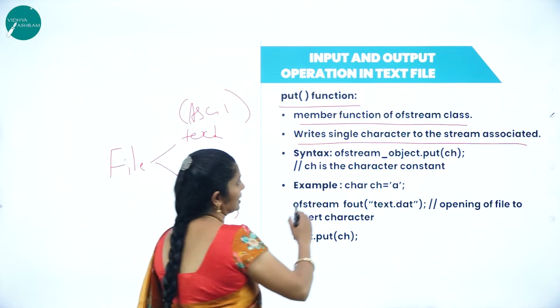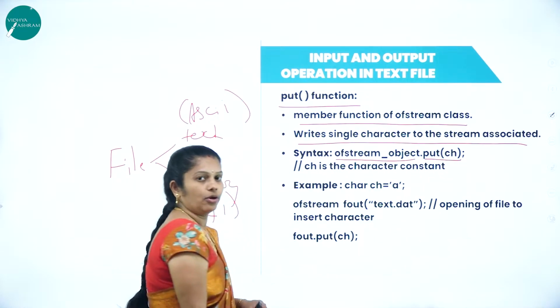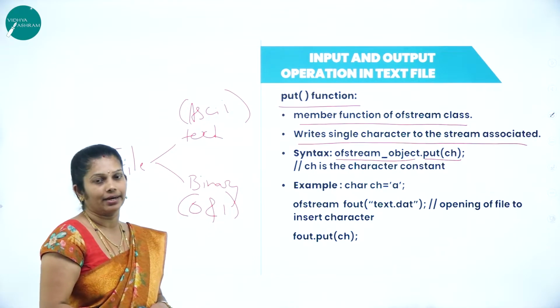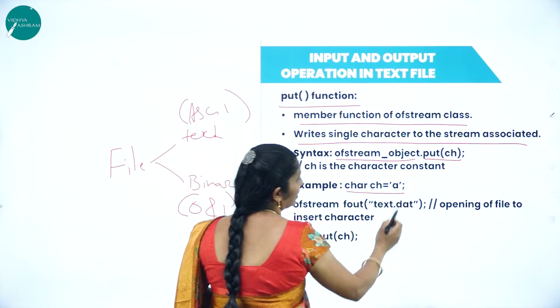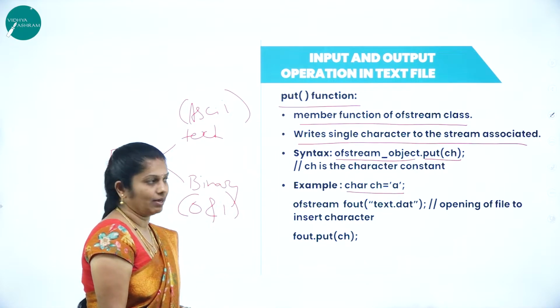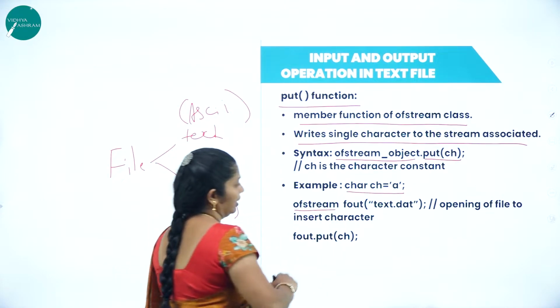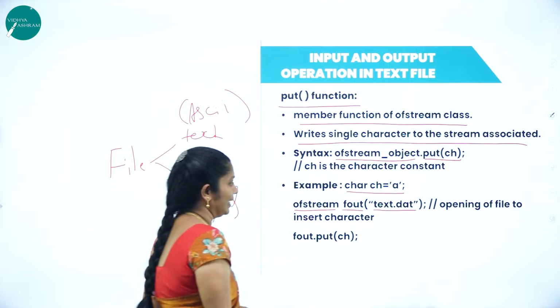While writing the syntax, first you have to write the ofstream object dot put. Inside the bracket I have to write ch, where ch is a character constant. If you observe the example, char ch equals 'a', that means a is the character, and ofstream fout with text.dat is the file.